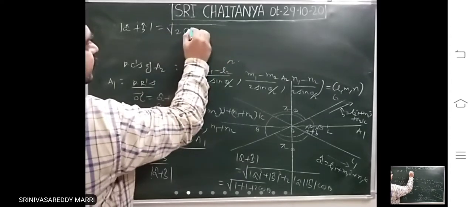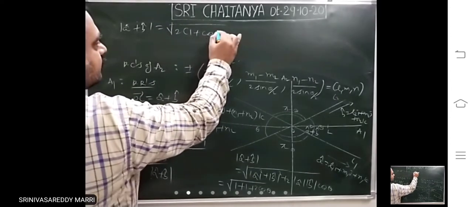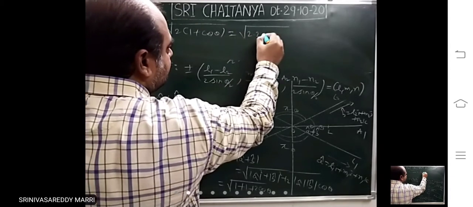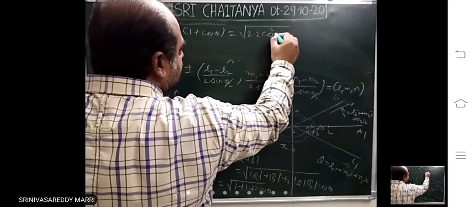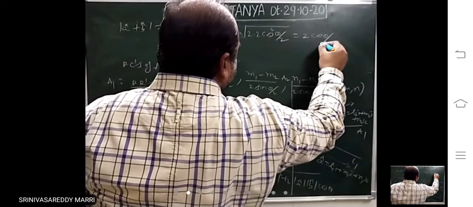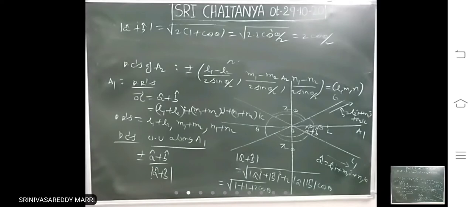Take root of 2 common: that is 2 into (1 plus cos theta), so 2 cos theta by 2.